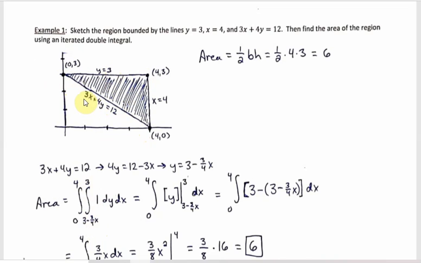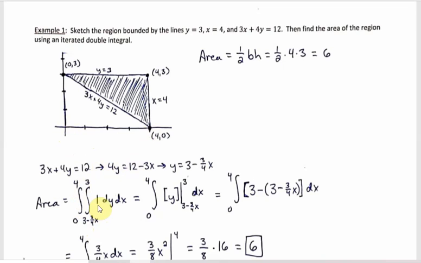So we've just got to solve this one for y, and that's what this is right here. Eventually you get that y is equal to 3 minus 3/4 x. So that's the lower limit. Upper limit's 3. And then the x values are going from 0 to 4.